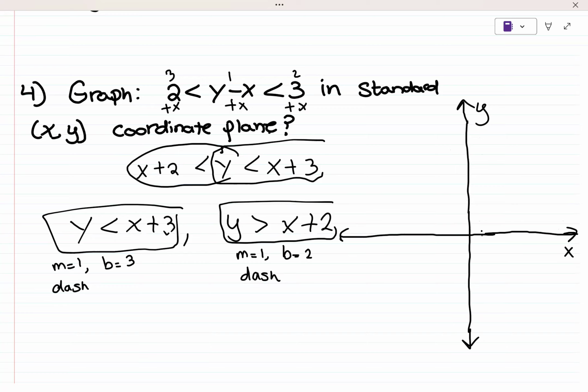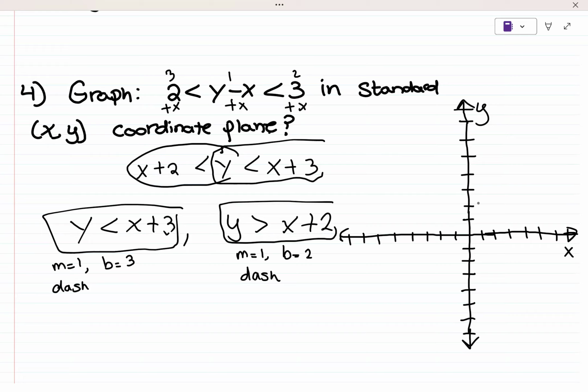Okay, so over here, let's graph this one.